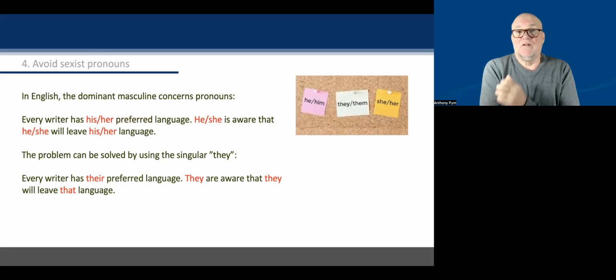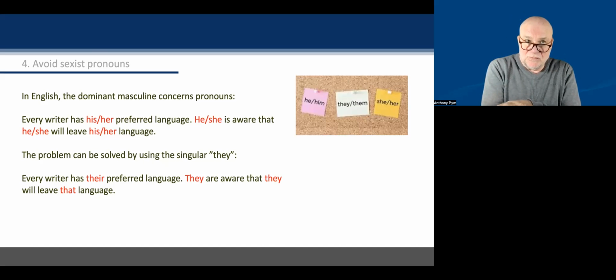Now, for what's important about pronouns in English. The dominant masculine is a problem in many languages. So in Spanish and Catalan, it concerns everything. It concerns the endings of adjectives and nouns for a start. Okay, and basically them, and the pronouns as well. In English, it's only in the pronouns.